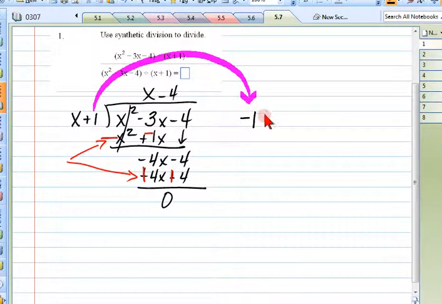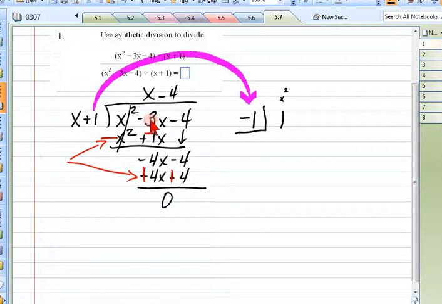Now, something else that's a little weird is I'm going to draw my division box backwards. Well, you know, since I didn't include the x in the divisor, I'm not going to include the x in the dividend either. All I'm going to write down are the coefficients. What's the coefficient of x squared? 1. And I'm going to make myself a little note. You don't have to do that, but I'm going to put that was for x squared.